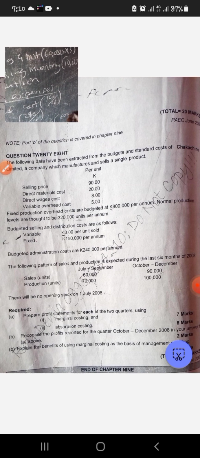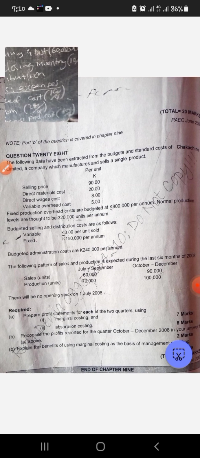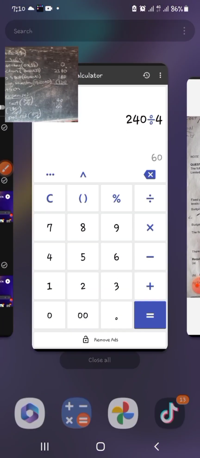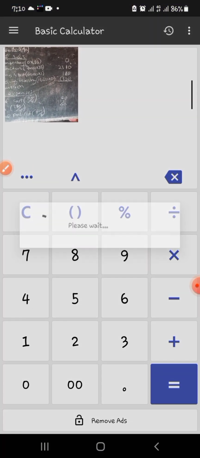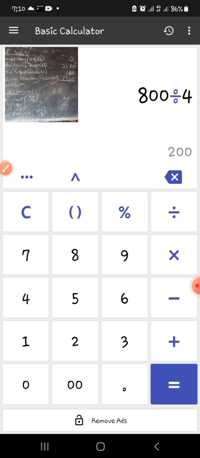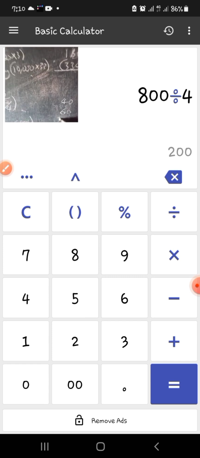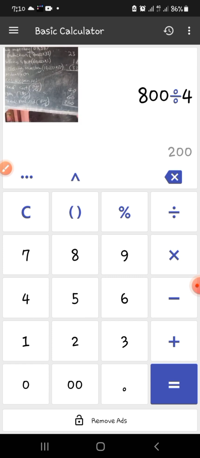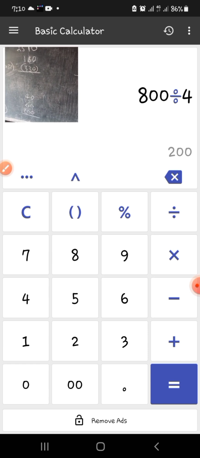It was also per annum, but now we need to trim it to a quarter, which is divided by 4. This is going to give us 200. So when we add that, it's going to give you 300.